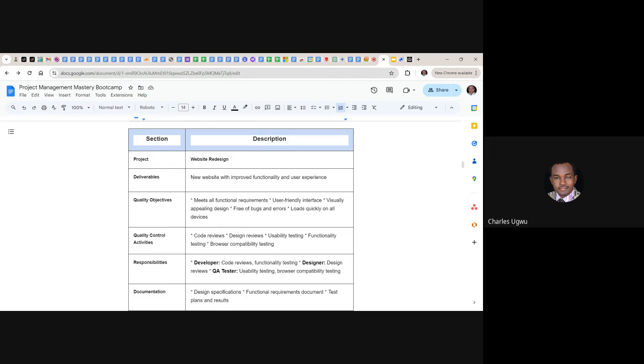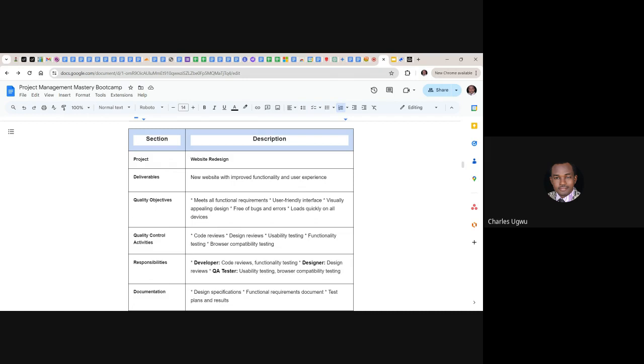Once they tell you, I've done that, okay, all you need to do is, does it meet all the functional requirements? Is it user friendly? The interfaces, are they user friendly? Is it visually appealing? You must have metrics for assessing these, and it should be captured within the acceptance criteria as well.